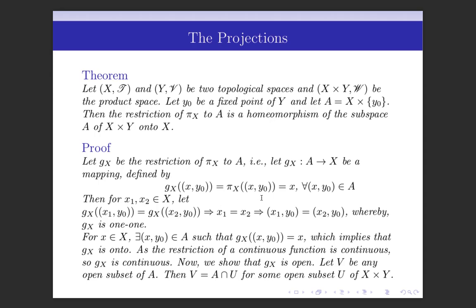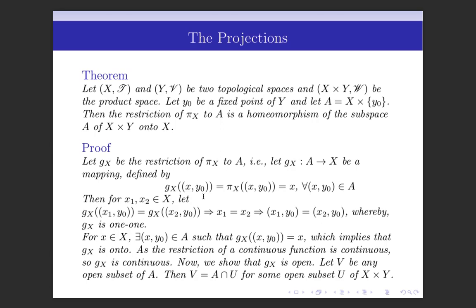Because we are restricting π_X to A, the image of any element under g_X is the same as the image of that element under π_X for every element of A. Any element in A is of the form (x, y₀), and we know that π_X(x, y₀) = x. So we can define g_X for every element of A.